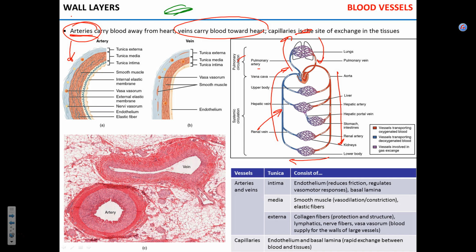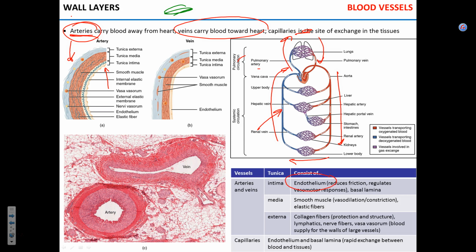Now, both arteries and veins have three distinct layers, three distinct tunics. Tunica intima is the innermost layer that comprises endothelium.